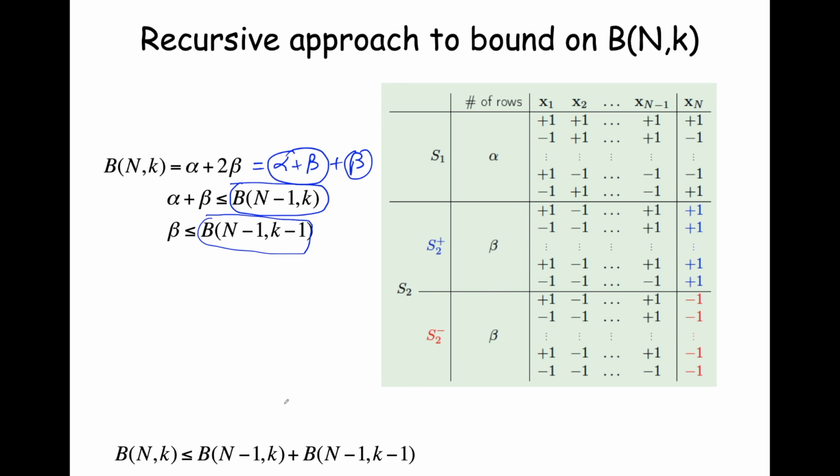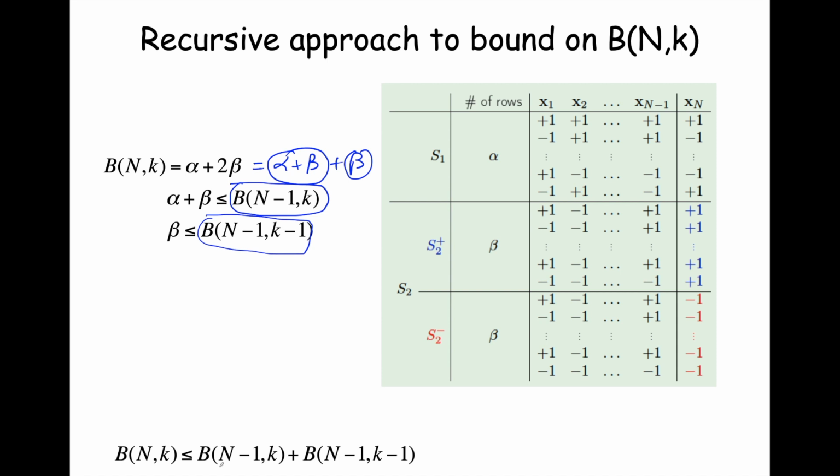And so this gives us a recurrence relation that expresses the maximum number of dichotomies on a data set of size n with a breakpoint of k in terms of smaller subsets. The max number of dichotomies for a data set of size n minus 1 with a breakpoint of k, and the max number for a data set of size n minus 1 with a breakpoint of k minus 1.